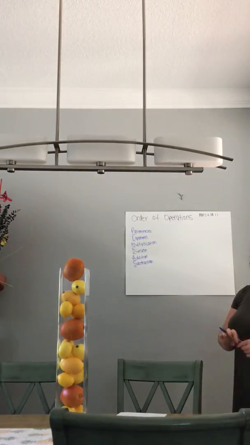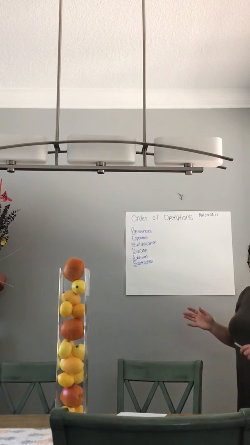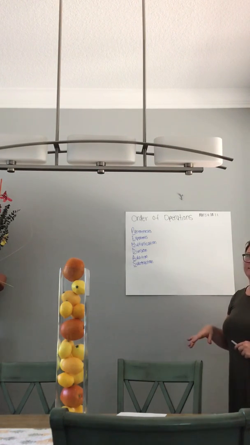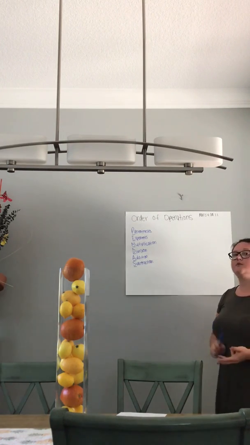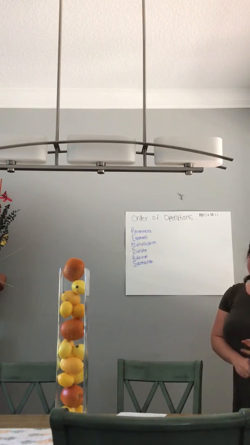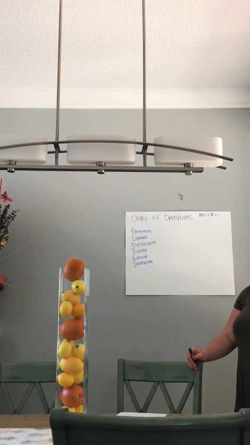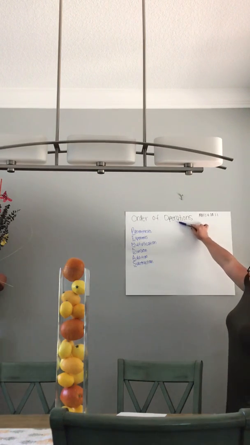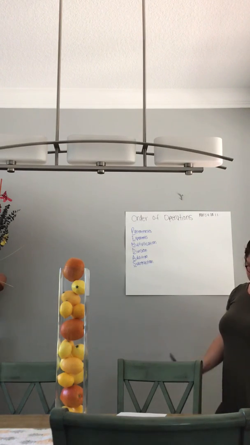Okay. In mathematics, there's a set of rules. When we evaluate expressions containing more than one operation, that means subtraction and addition, multiplication and addition, division and parentheses that have subtraction, we call these order of operations. The order of operations are used so that you always get the right answer.